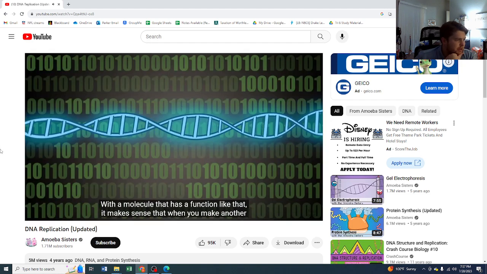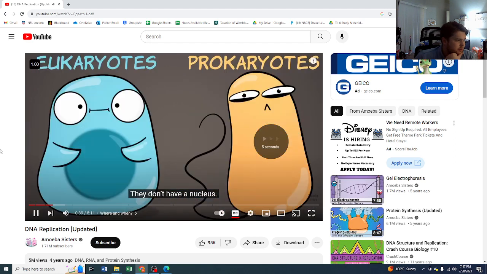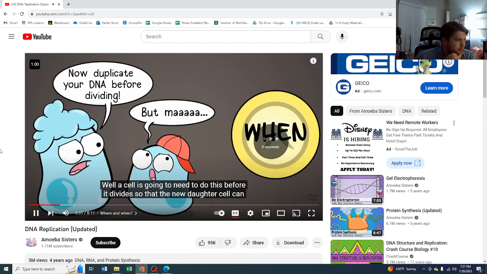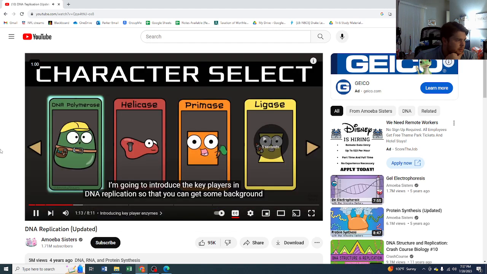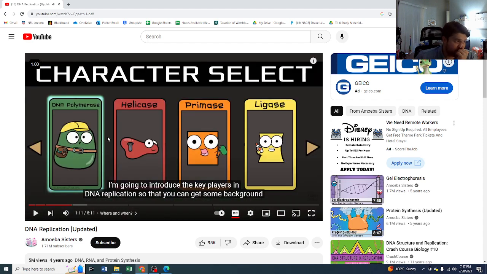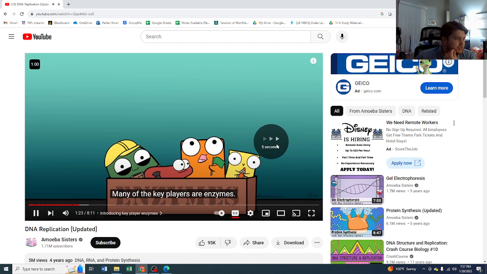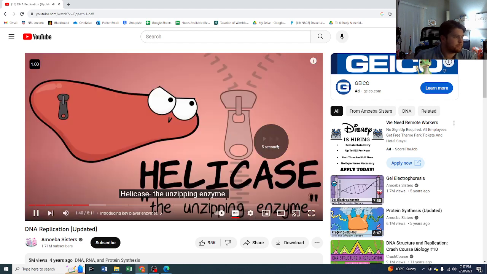So when DNA wants to divide, let's go through all of this. It's going to show about when it's going through. We have our different enzymes: DNA polymerase, helicase, primase, and ligase. They're all going to have different steps. Helicase is the unzipping enzyme.